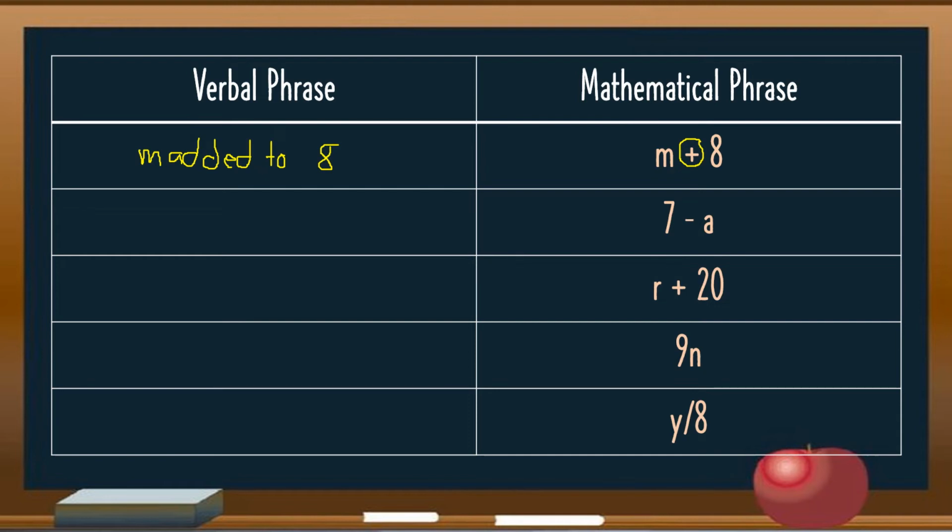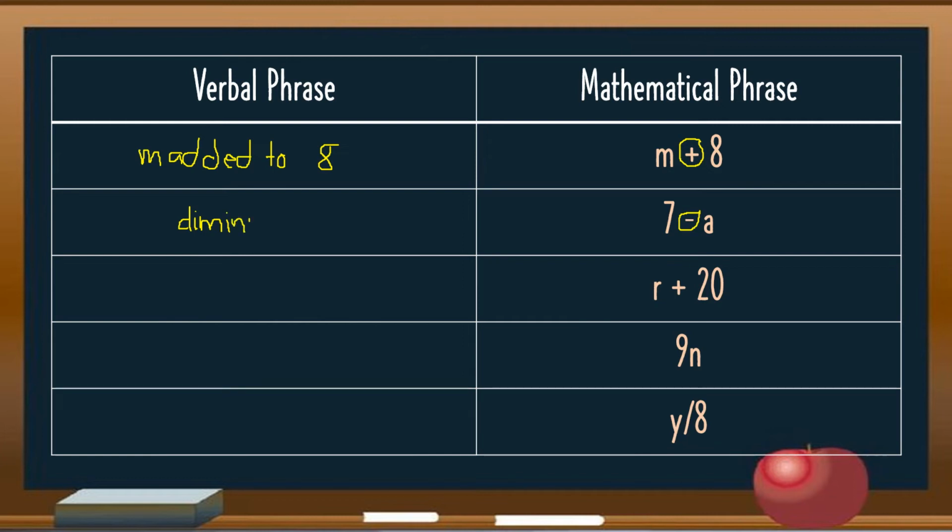Okay, next. Sa mathematical phrase, sabi dyan is 7 minus A. So, subtraction naman ang ginamit dito. Okay, if I were going to choose the words na pwedeng ipalit kay minus or kay subtraction, I will choose diminish. Okay, so sulat natin si word na diminish. Si diminish ay under subtraction.